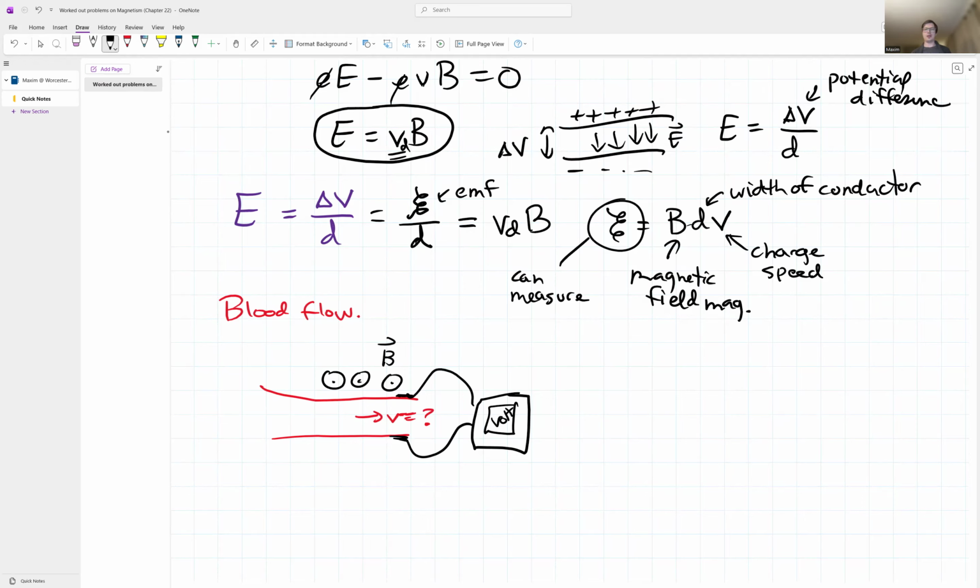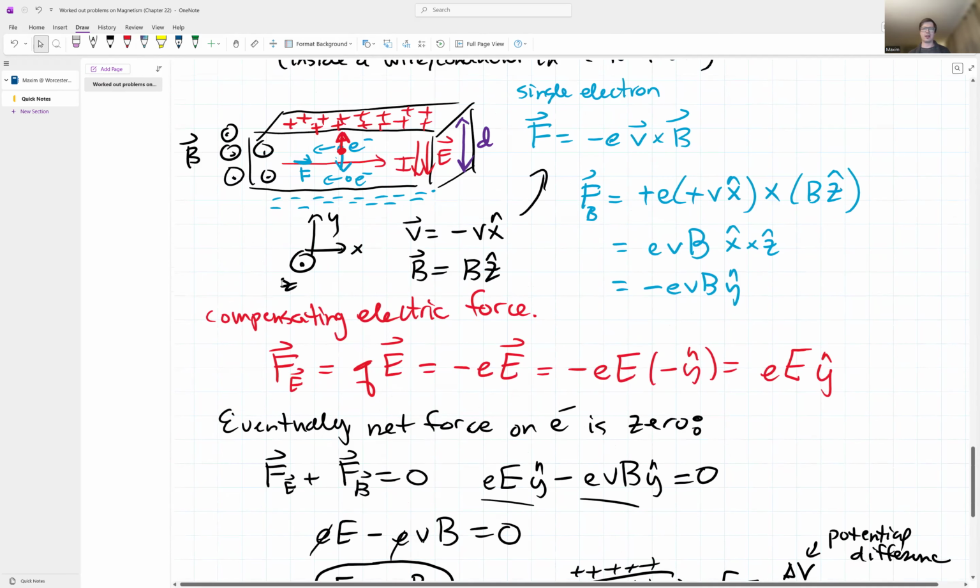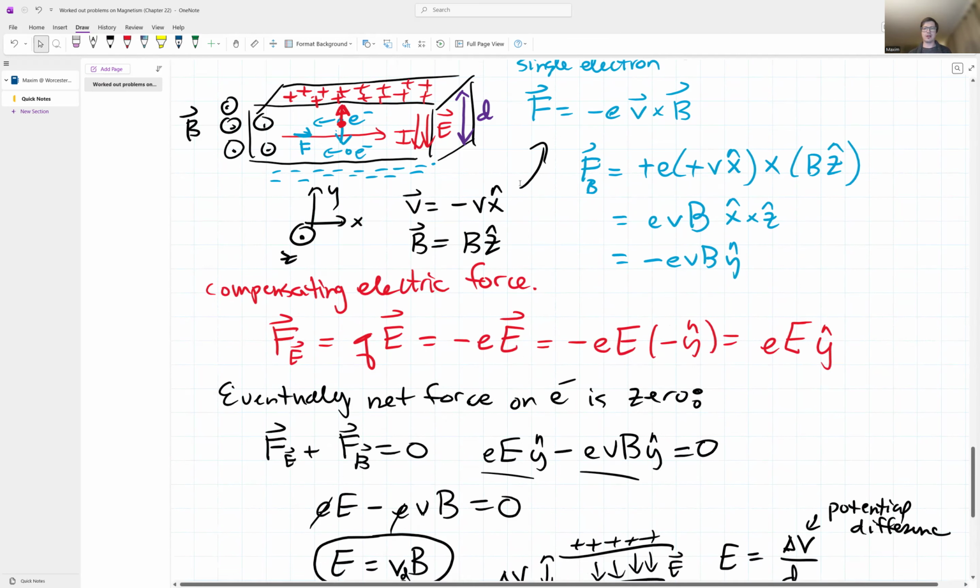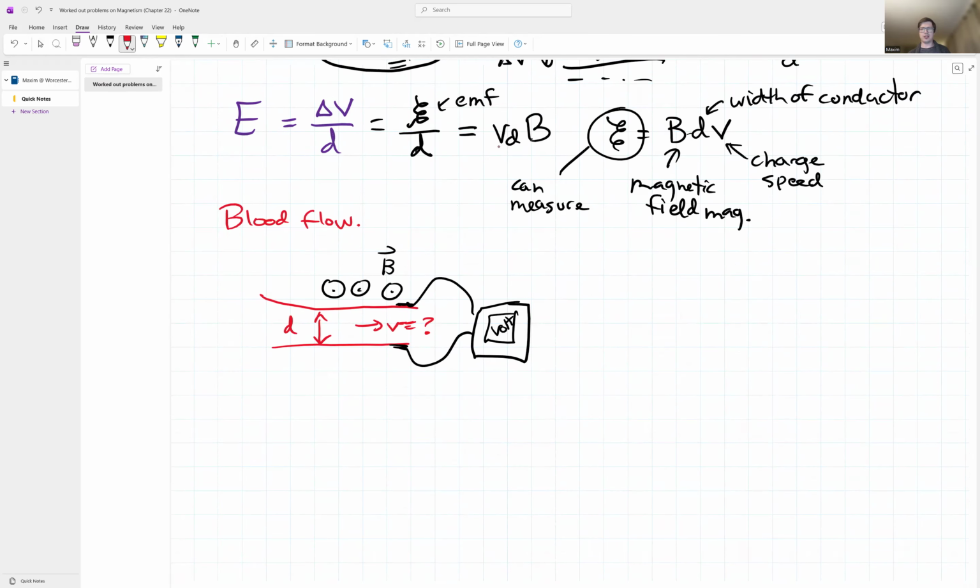And if you know the magnetic field and you know the diameter of the blood vessel, so let's say this distance is D. I use D because usually you don't have a square wire. It's usually a circle, but it's easier to draw the square to show the charge accumulation.